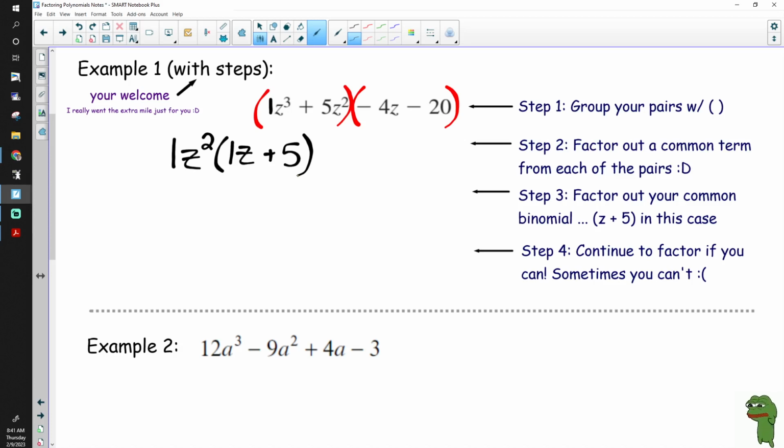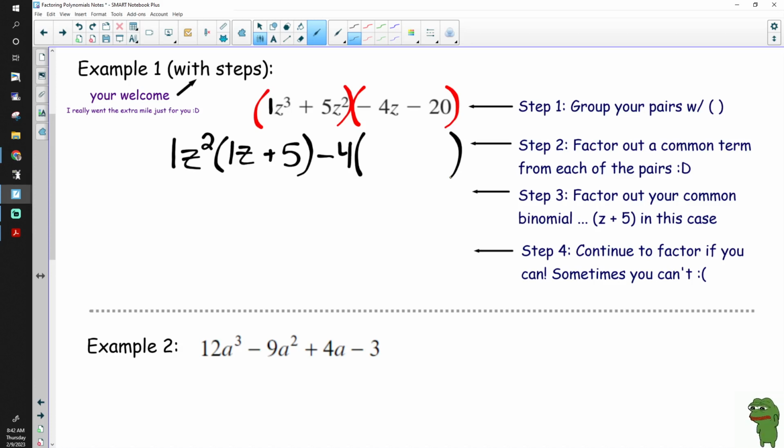We don't want a minus in between, we want a plus in between so it'll match our first one. So we're going to take out a -4. Write the -4 out in front, and now we're going to divide both of them by -4. Why couldn't I take out any z's here? 20 didn't have one to take, so we couldn't take out any z's.